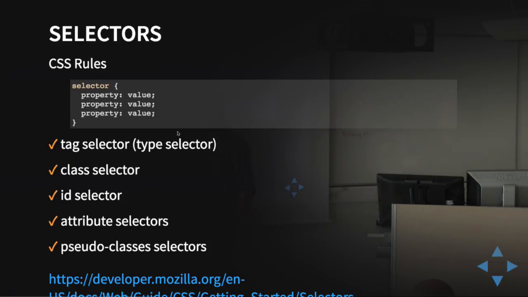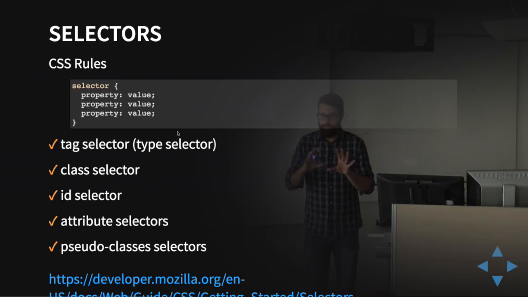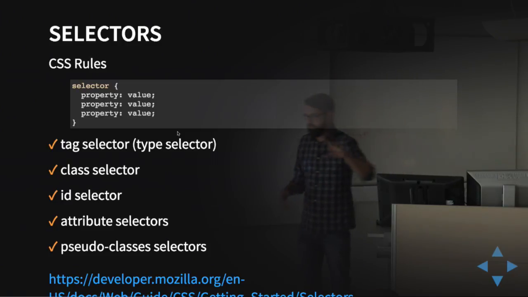We have attribute selectors. You could do selections depending on how an object is behaving. So you could change all blocks that have a background color of red, for instance. So you can select things depending on their current properties or attributes. And we have something called pseudo-class selectors.